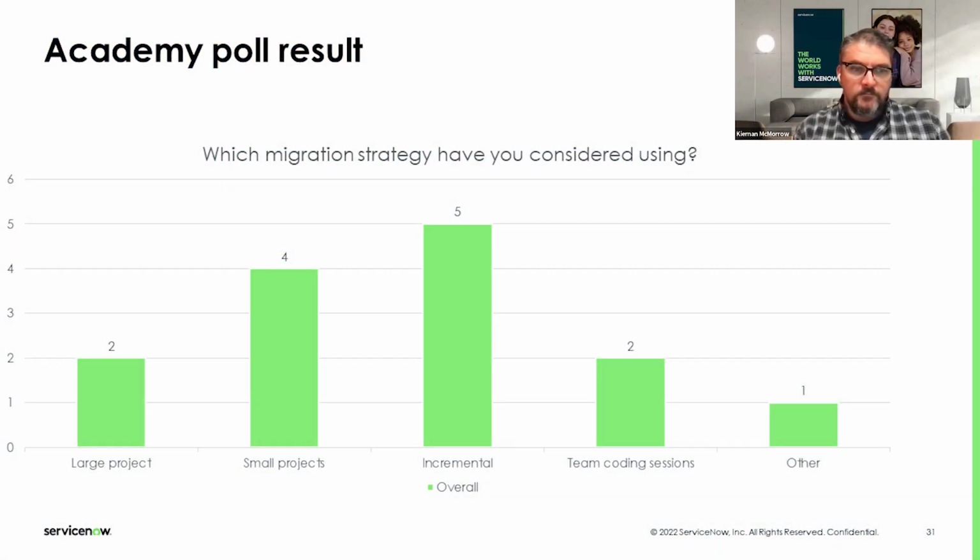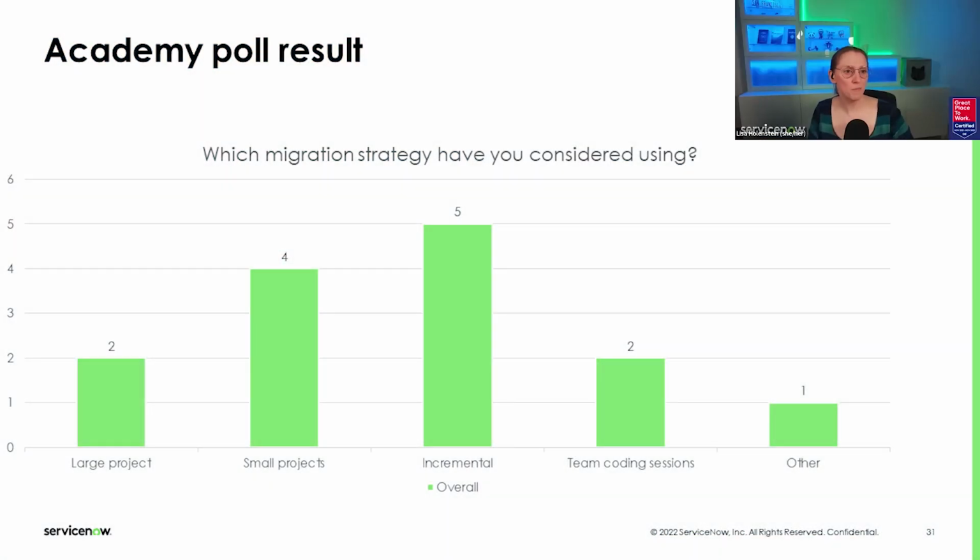Exactly. All right, awesome. I see a lot of answers coming in. I'm hoping for one more maybe. We can see that, yes, most people are considering incremental migration, which is a really good idea, and then combine it with smaller projects. Things that I could see can be smaller projects are things like service catalog fulfillment.